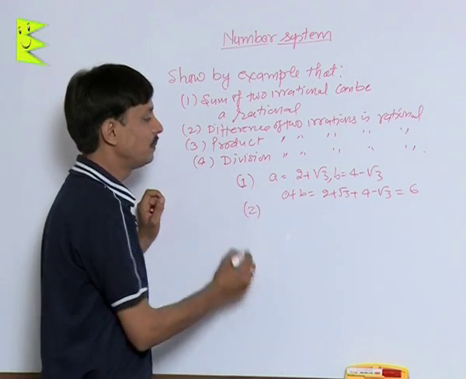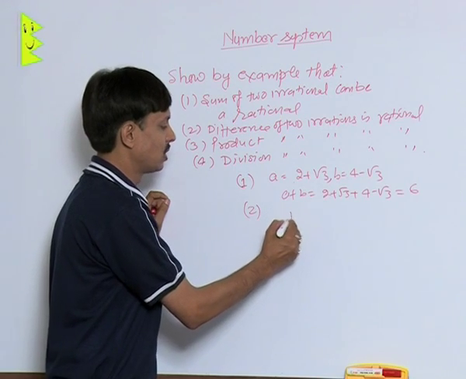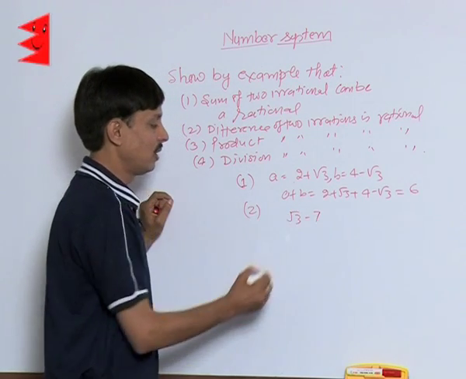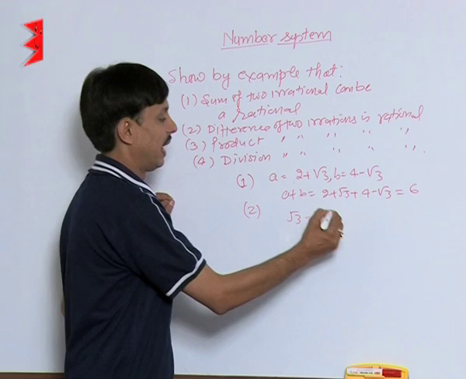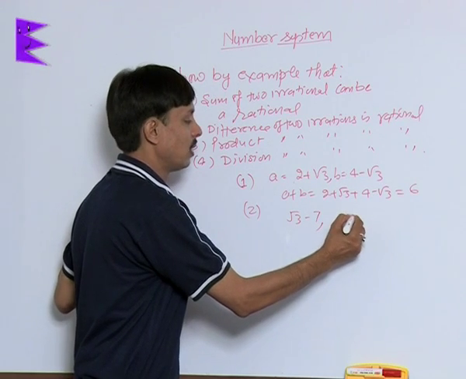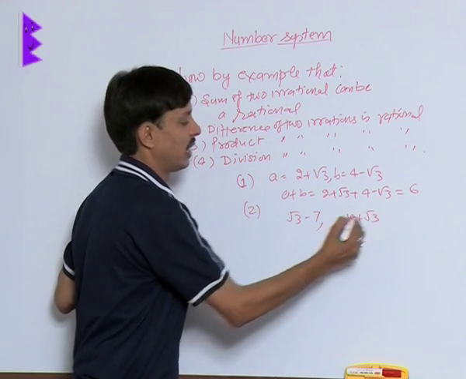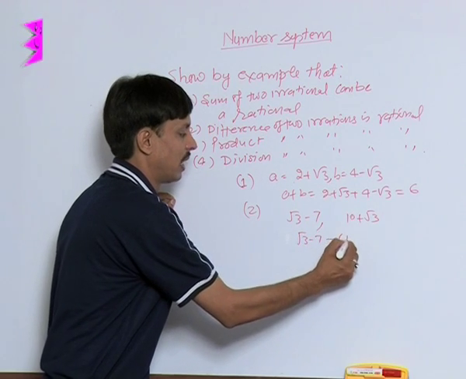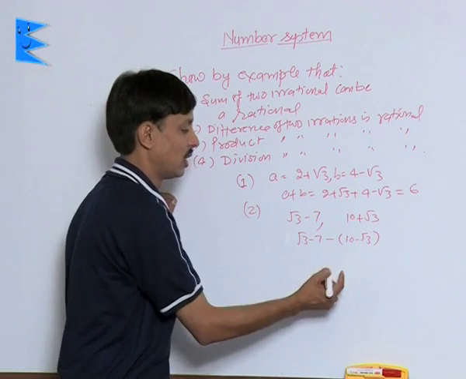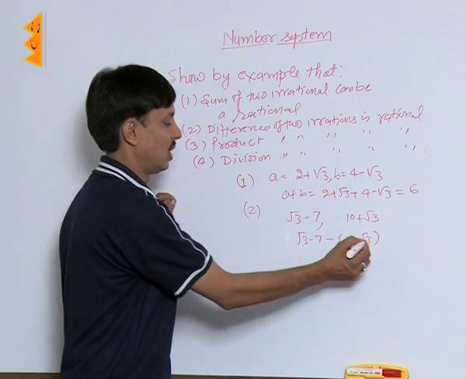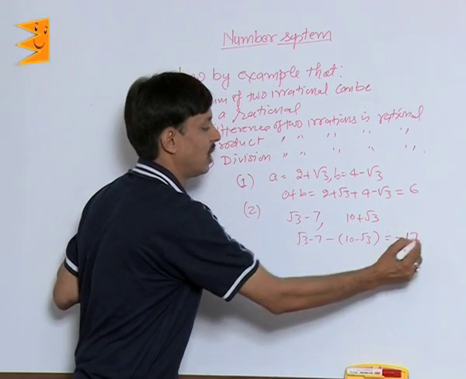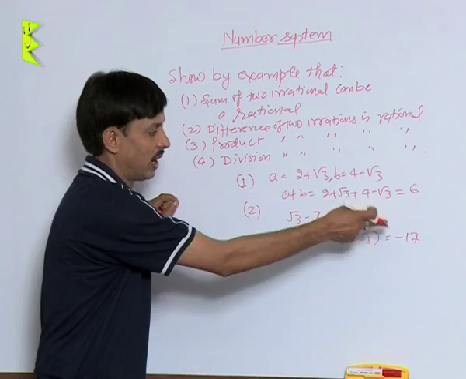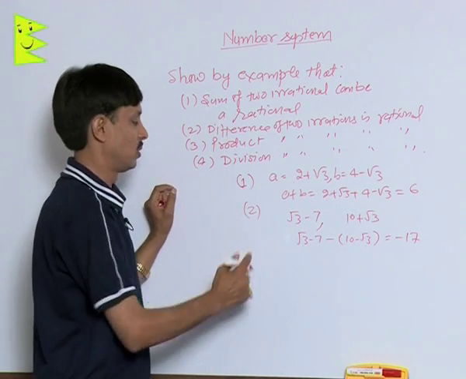Second example, if I take root 3 minus 7 as one of the numbers, and 10 plus root 3 as another number, their difference is root 3 minus 7 minus 10 minus root 3. Root 3 and root 3 get cancelled and the result is minus 17, which is an integer, and every integer is rational also.